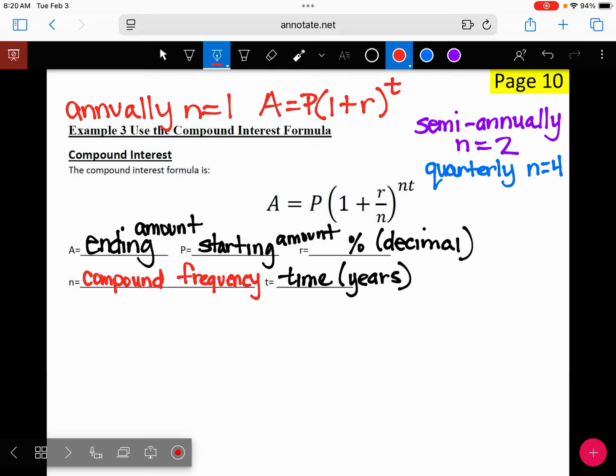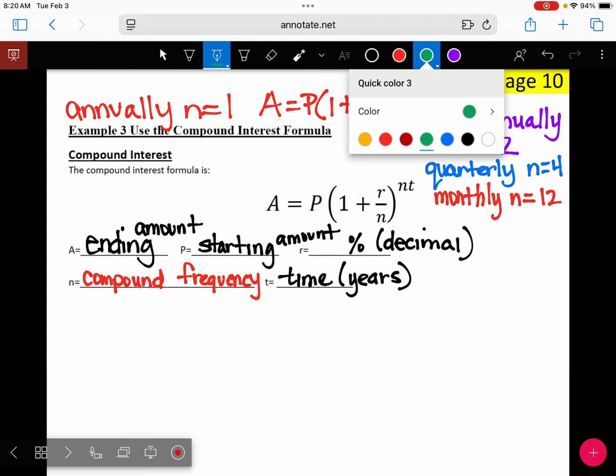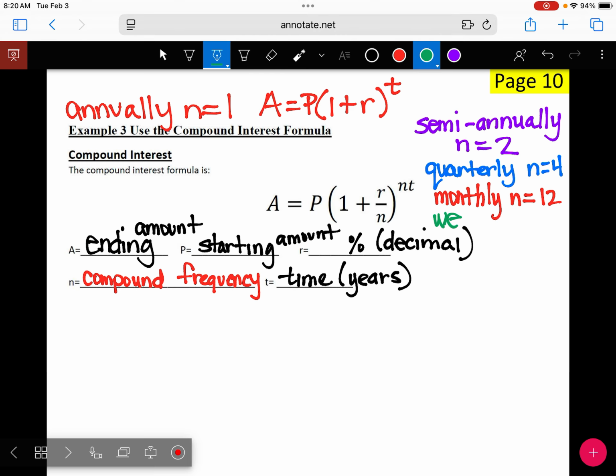Next could be monthly. How many months are in a year? 12. And then it could be weekly. This is where it gets a little tricky. Anybody know how many weeks are in a year? 52. 52 weeks in a year.